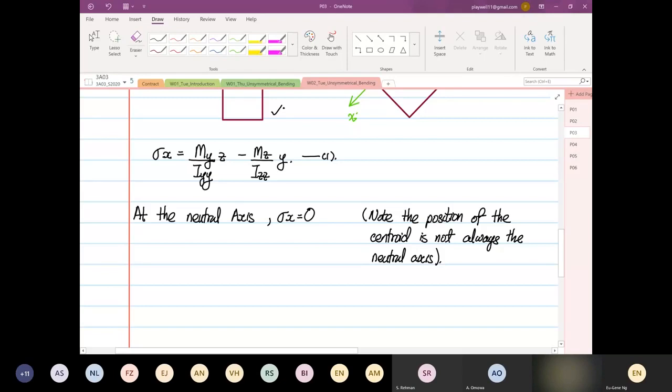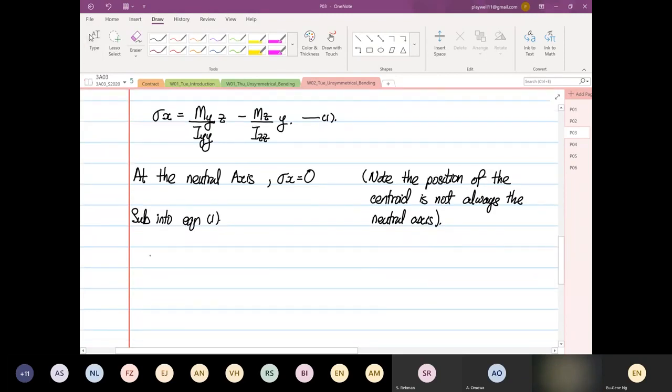Okay. So at the neutral axis, stress X is equal to 0. And then we're going to substitute into equation number 1. So we have an expression where 0 is equal to MY over Iyy Z minus MZ over Izz Y. Okay.